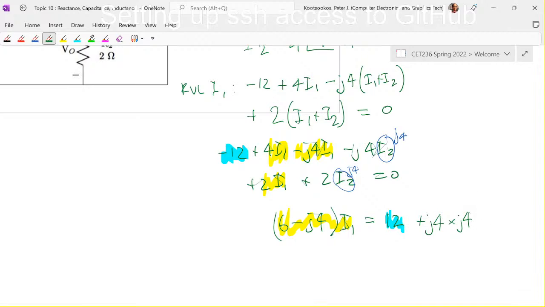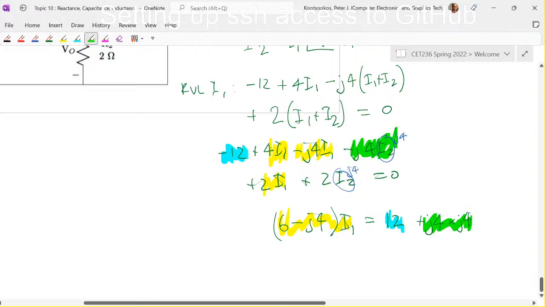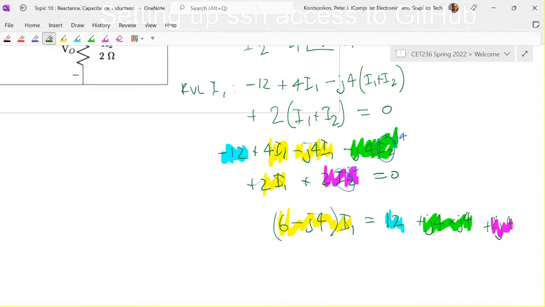And then, so that's that one. And then plus, well, 2J4, which is just J8. So that equals 12 J4 times J4. Yeah?